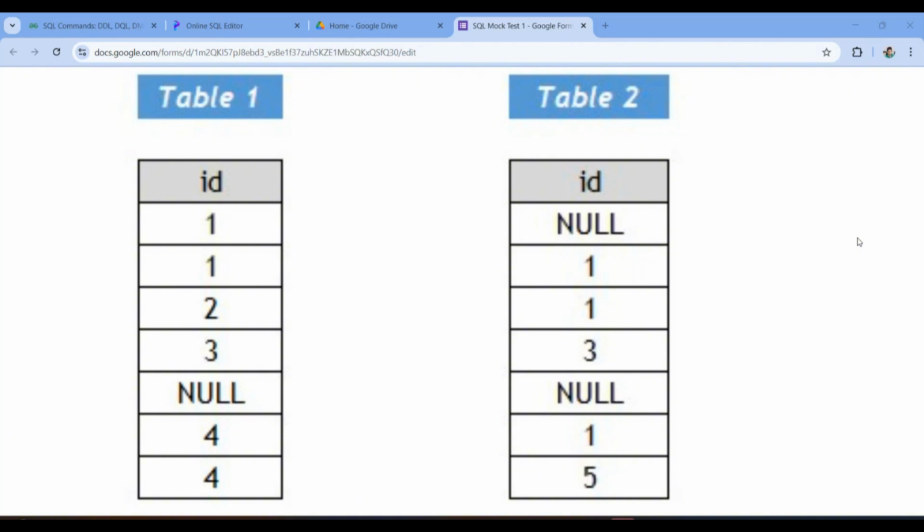Last minute. Any answers? Count, right? Count. Right?